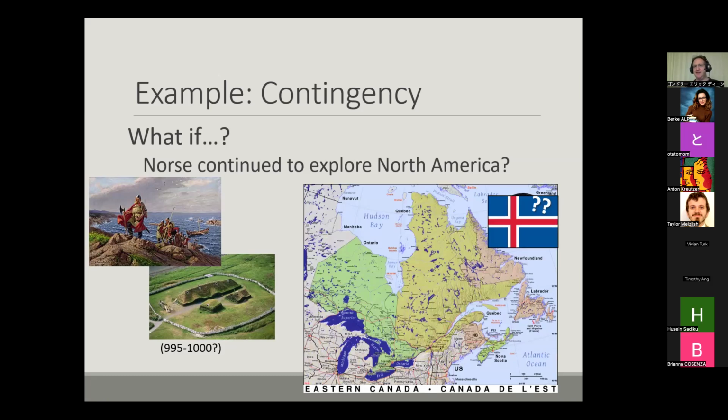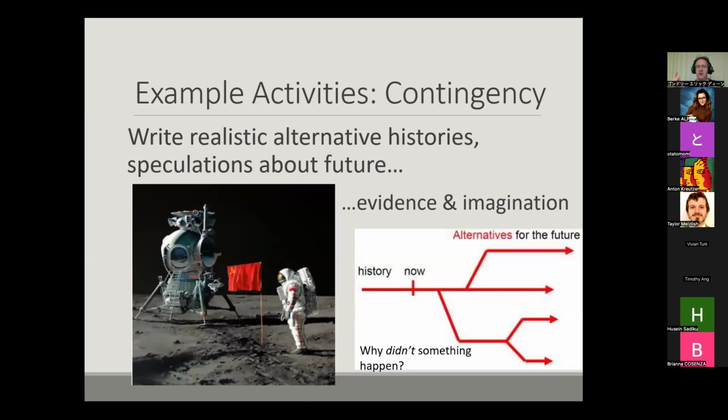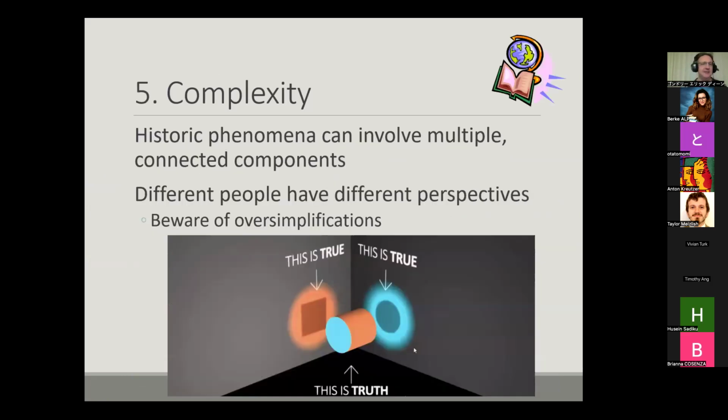Well, maybe today's Canadians might be speaking Icelandic instead of English and Quebecois, perhaps. So you can have a fun discussion like that. What could have happened? So have people write about alternative scenarios or future history, and they have to justify using evidence being realistic, or maybe ask the question of why didn't something happen? Yeah, so that's a contingency exercise.